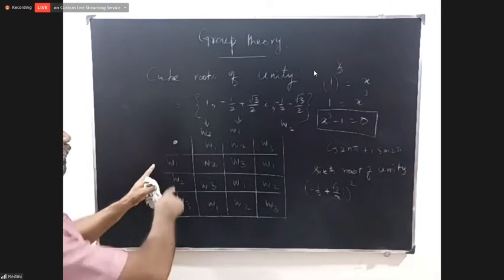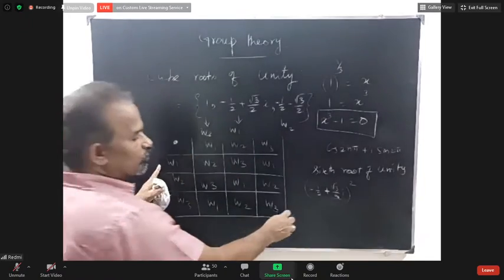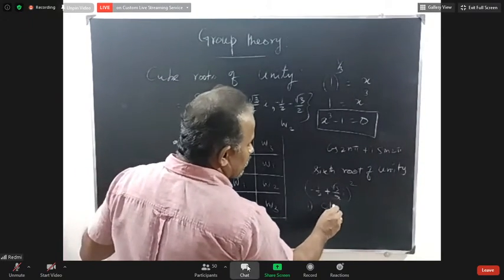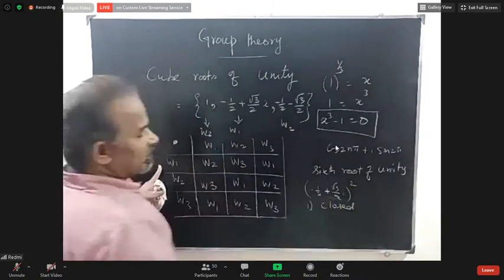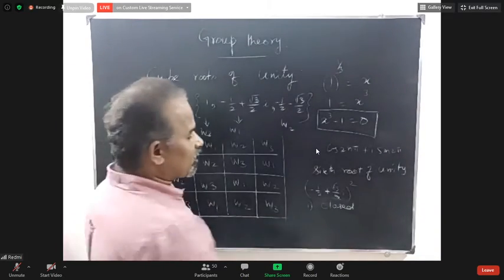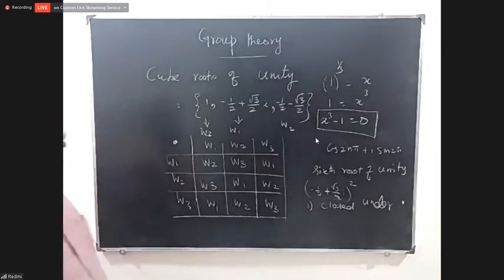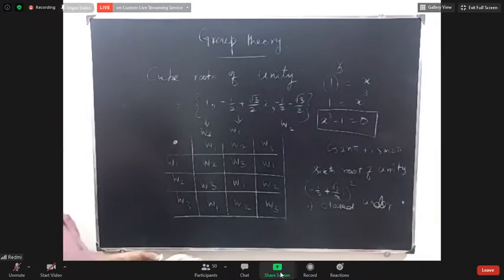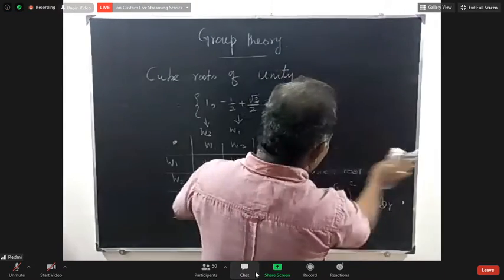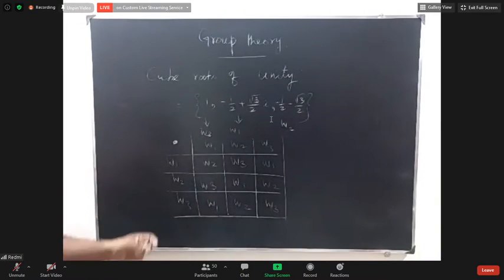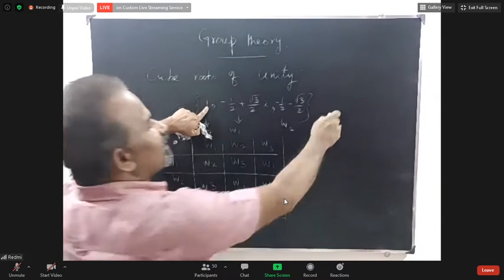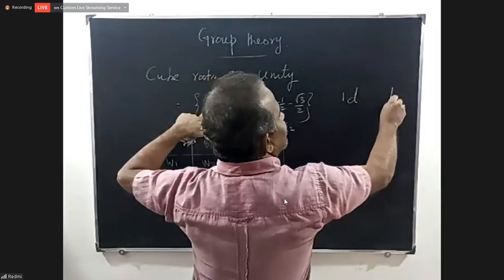So therefore this group is closed. This non-empty set is closed under dot. Then see that associativity also is there. Then one identity is there, existence of identity, that is one.